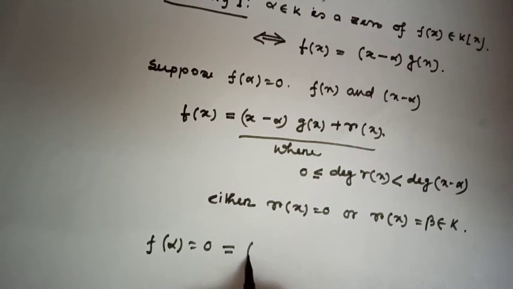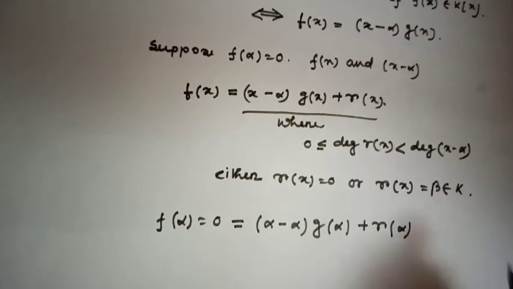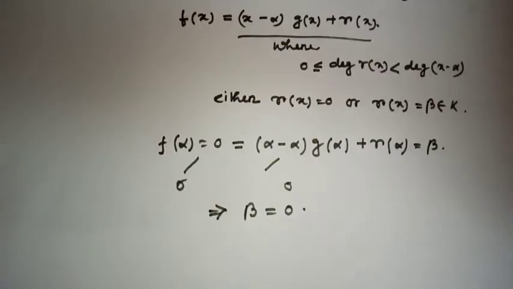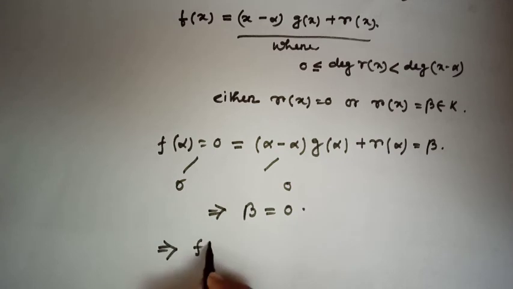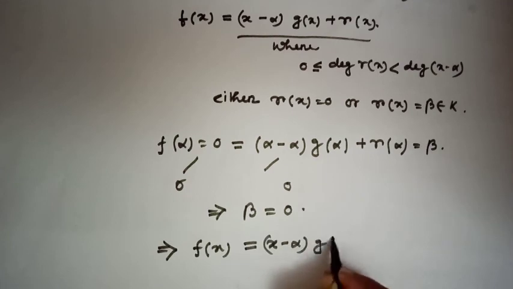That implies (alpha minus alpha) g(alpha) plus r(alpha) equals beta, okay. This is 0, this is 0. That means beta equals 0. Okay, that implies f(x) equals (x minus alpha) times g(x).